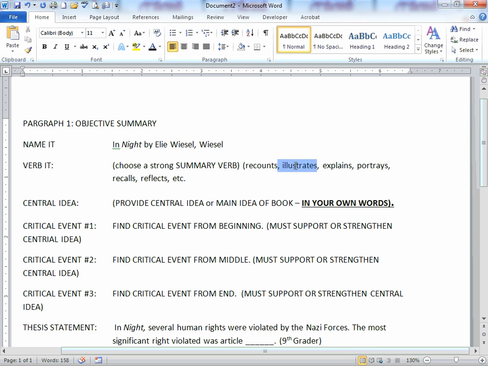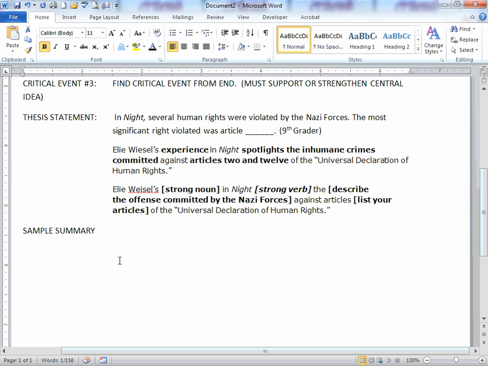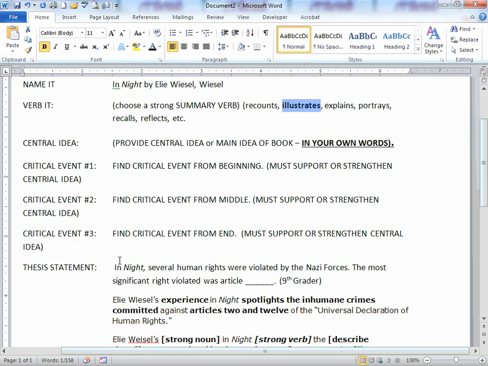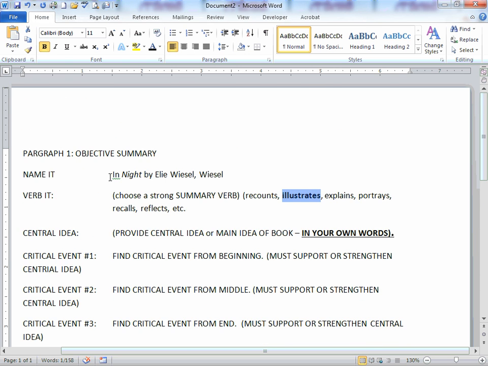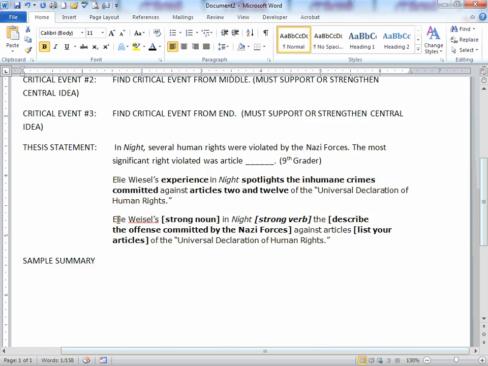And I'm going to choose the word illustrates. So literally, if I've outlined my summary, all I literally have to do is look at my paper and then just type what I have. So here we go. In Night by Elie Wiesel. I named it, Wiesel.